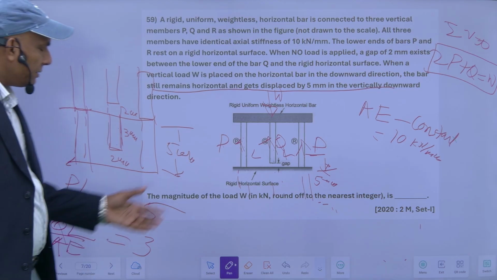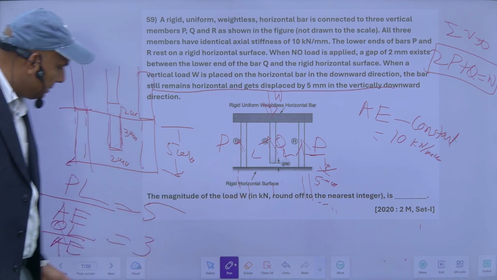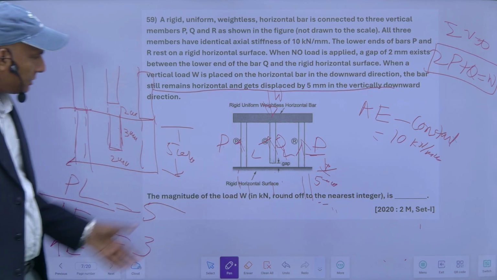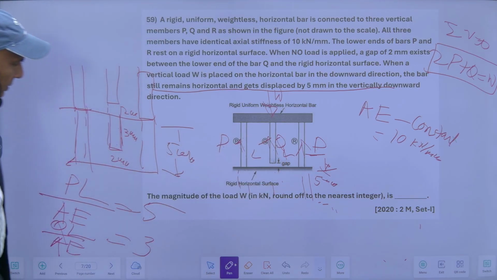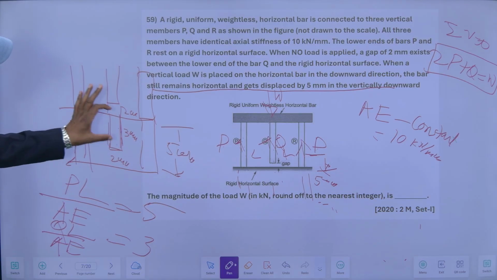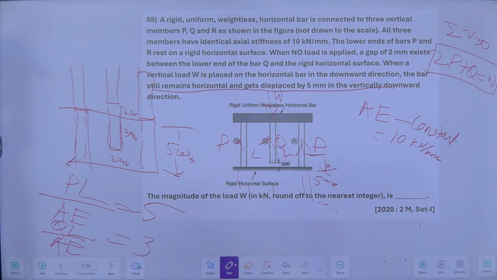So displacement in this case is PL upon AE, which is equal to 5 mm. Displacement in this case is equal to QL upon AE, equal to 3 mm.